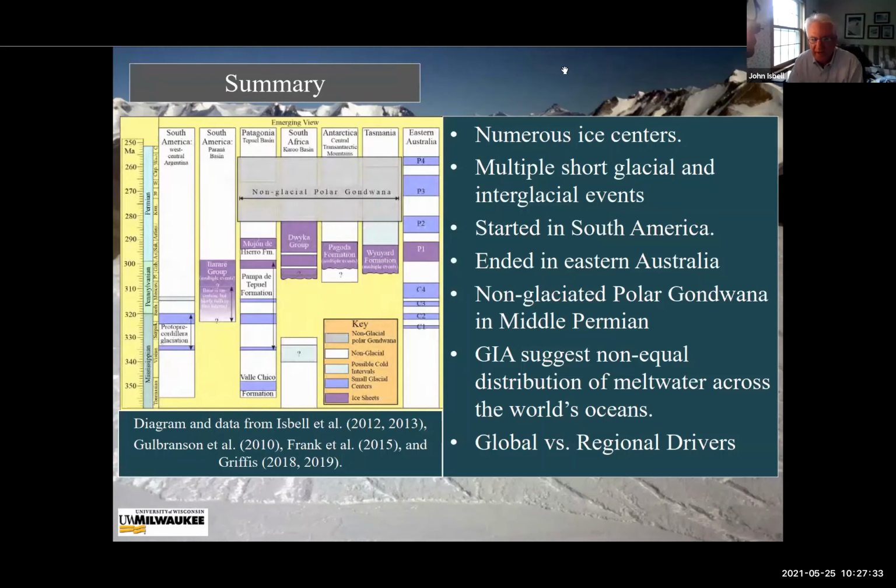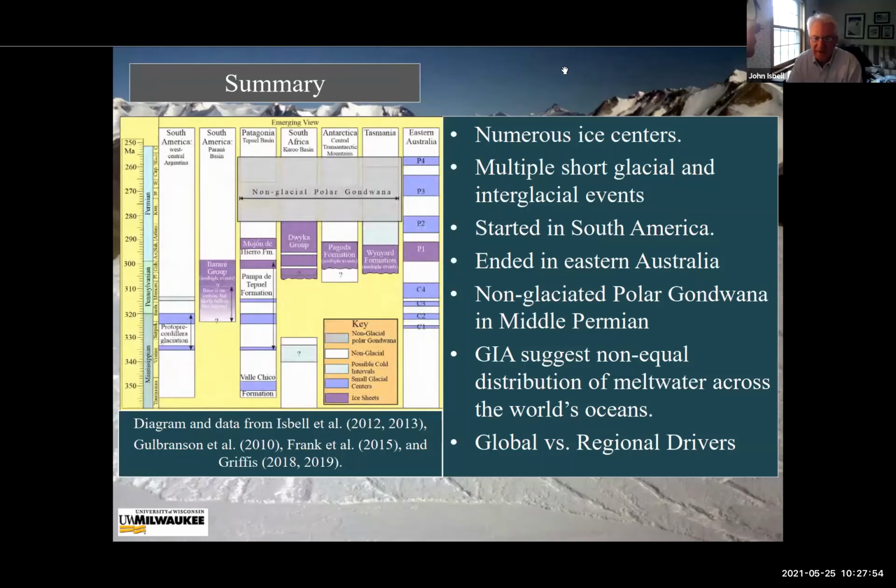We underestimate how much material sea ice transports. Alan Archer, if you've ever listened to him, will show you pictures of boulders on tidal flats that are 9 meters in diameter transported by sea ice. So just because you have ice rafted material doesn't mean icebergs.